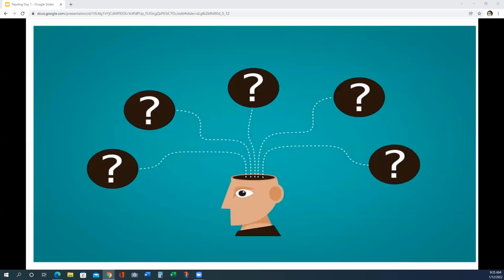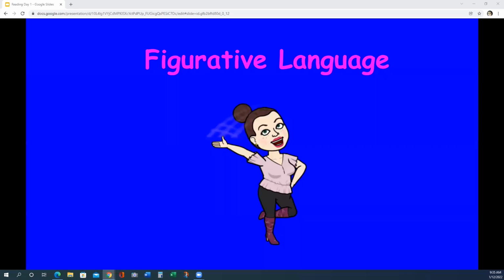Okay. I'm going to move right along. We're going to talk a little bit about figurative language. So writers use literal and figurative language. In literal language, words are used according to their accepted meaning. In figurative language, words are used to mean more than their usual definition.